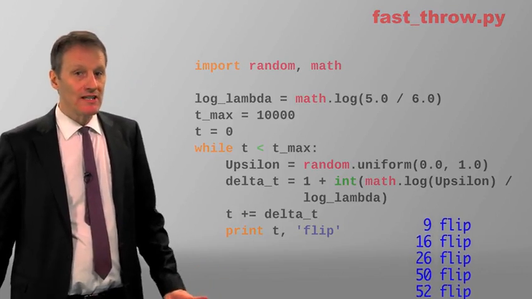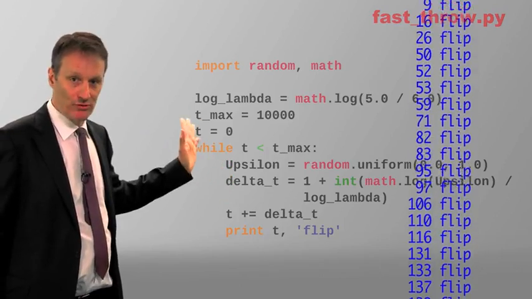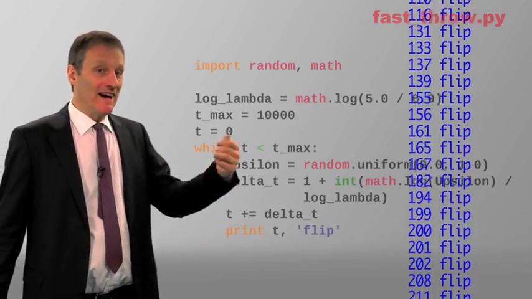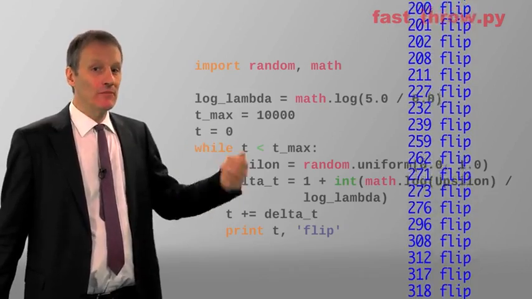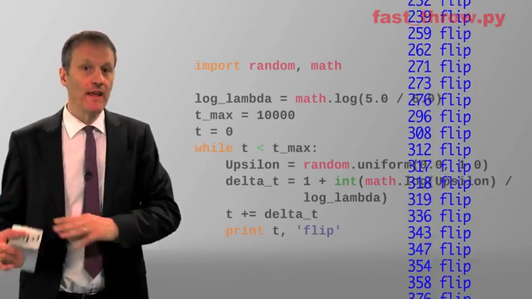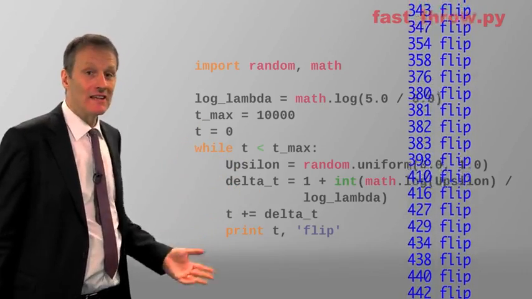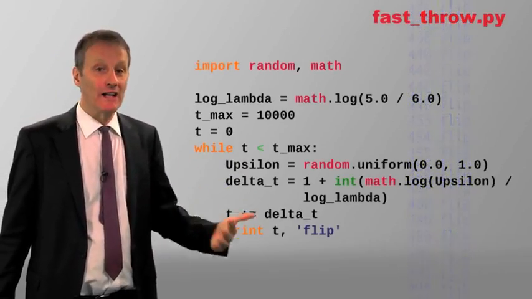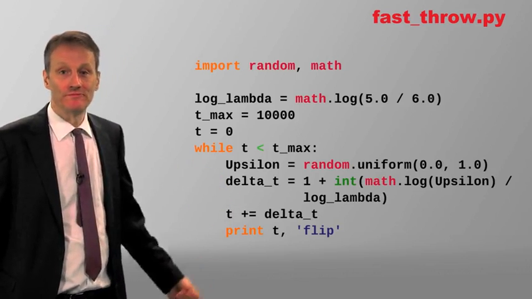Its output is indistinguishable from the naive program, but it advances one iteration per accepted flip and not per time. It is for this reason that it is called a faster than the clock algorithm. Of course, a very simple one.